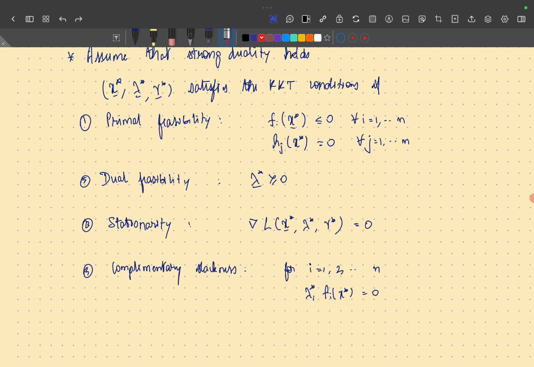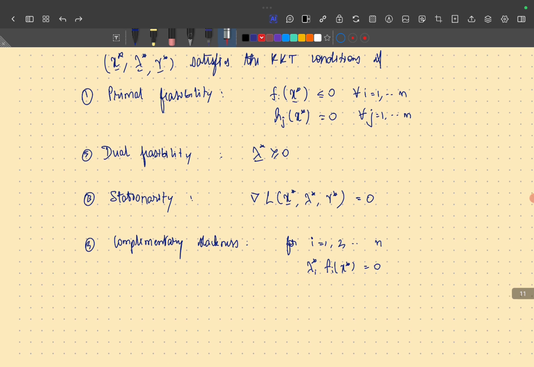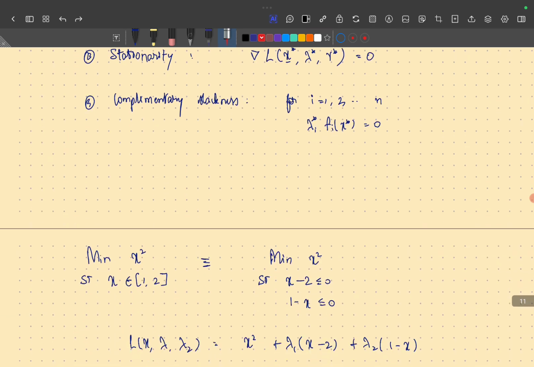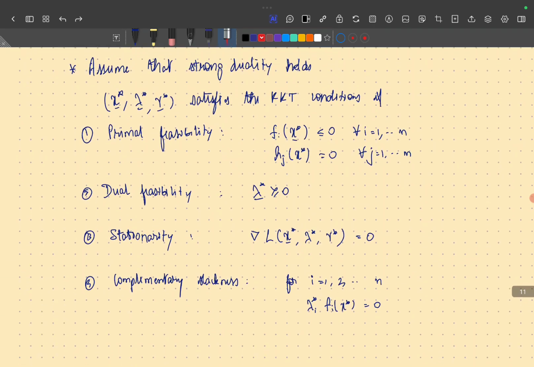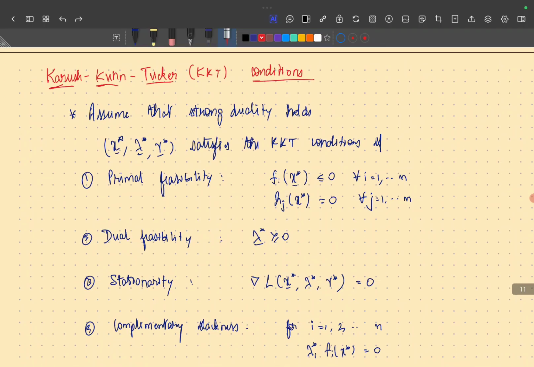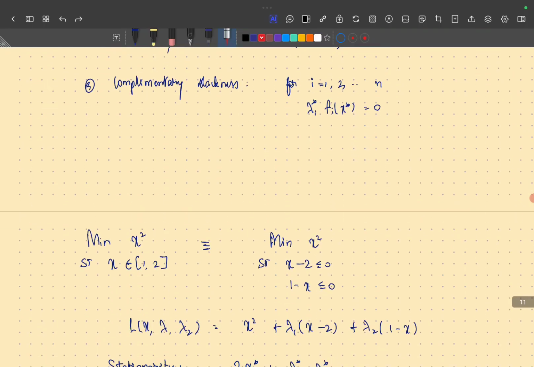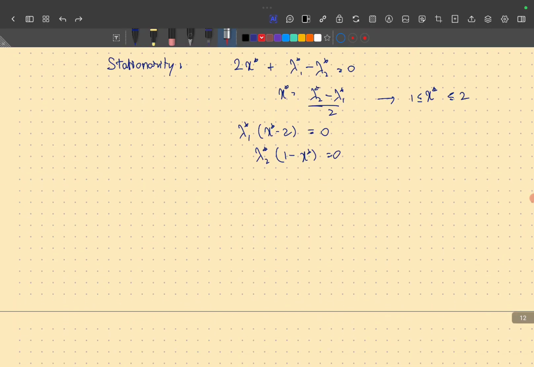We'll try to derive the KKT conditions. And we'll see that the KKT conditions are, in general, not sufficient. Okay, I'll state exactly what the requirements are.